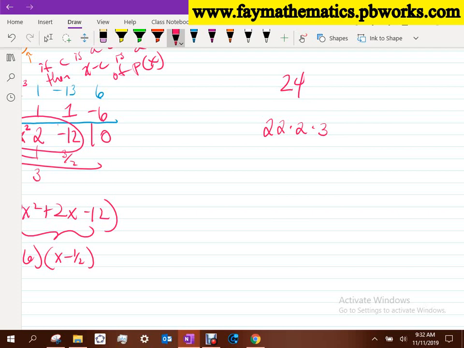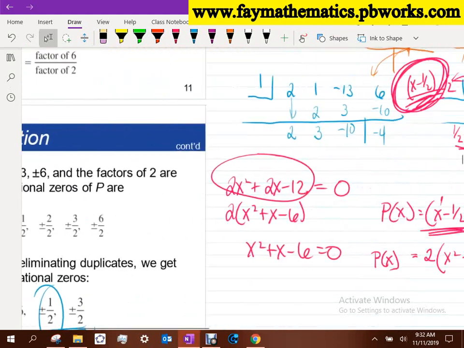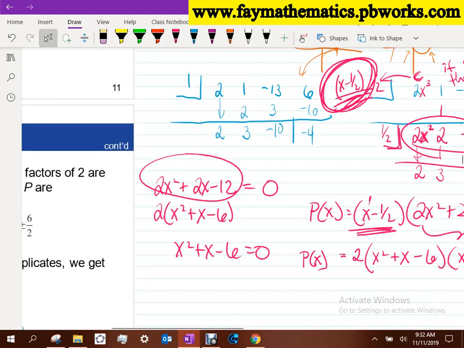So the prime factorization of 24 is 2 cubed times 3. Would you ever just say, oh, I'm going to let one of those 2's disappear and write my prime factorization of 24 that way? No, because that's not 24 anymore, right? So over here, if you were to just let this 2 go away, well, that's not 2x squared plus 2x minus 12 anymore. Does that make sense, everybody?